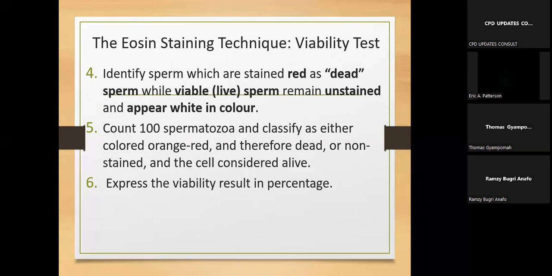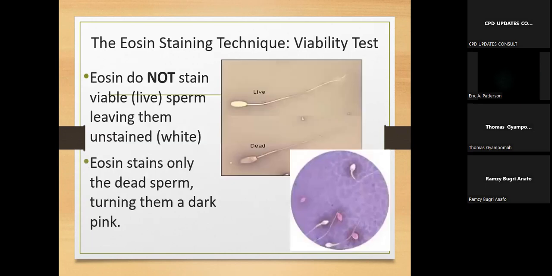We count about 100 cells and then take those that are dead and not dead, you strike out the percentage. That's all. Very, very simple. And it's one of the easiest tests that you can do in your labs.